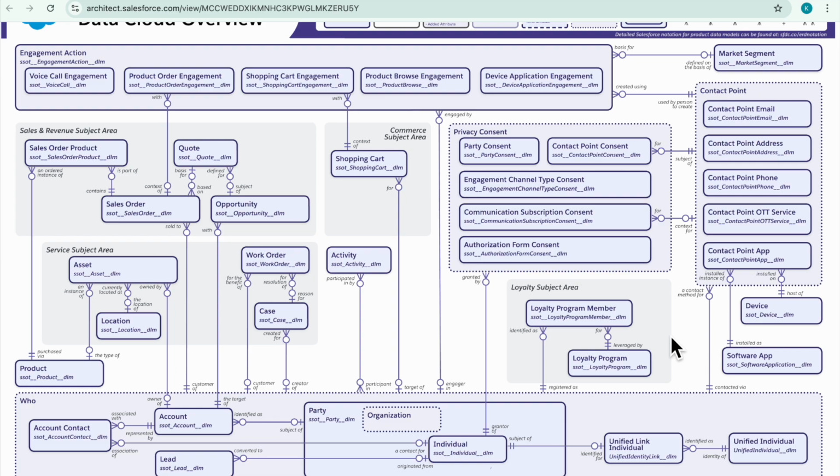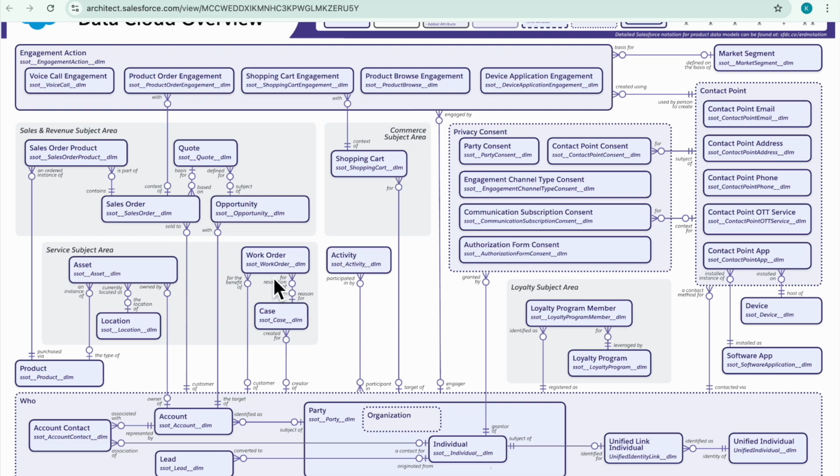So if you see here, the entire contact point can have 0 or multiple communication subscription consents, while a communication subscription consent can have 0 or 1 contact point. So basically, contact point deals differently with communication subscription consent within the entire privacy consent entity. That is the reason the relationships are towards the root entity of the overall structure.